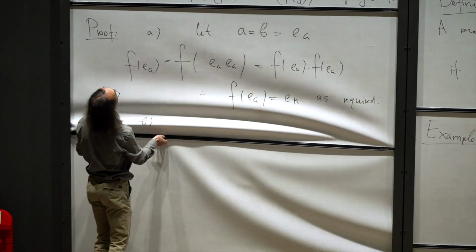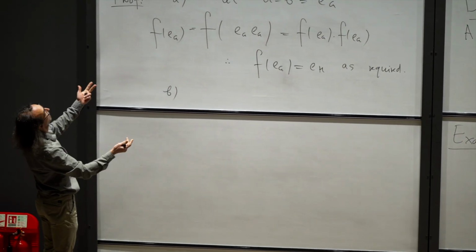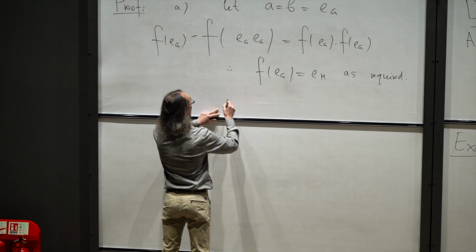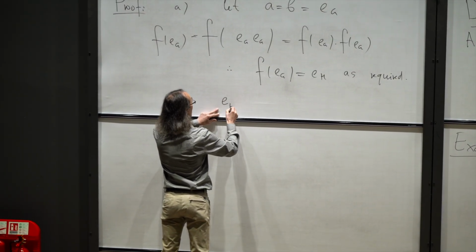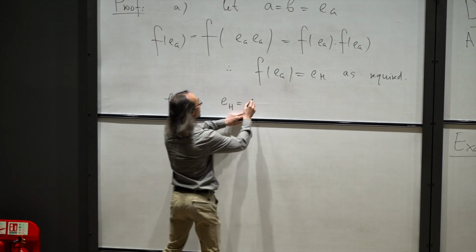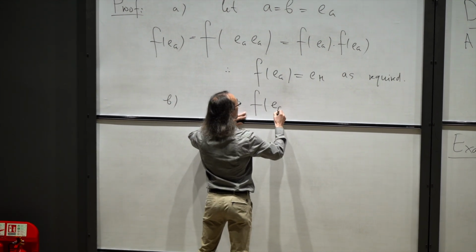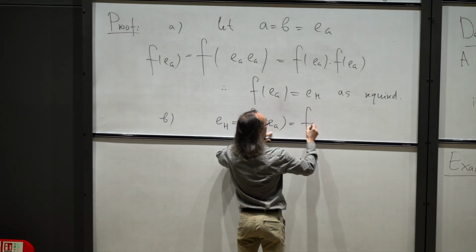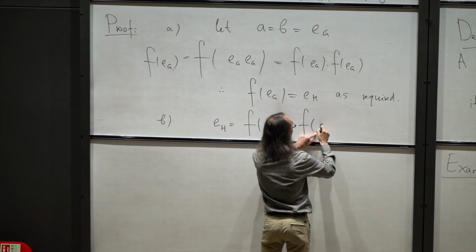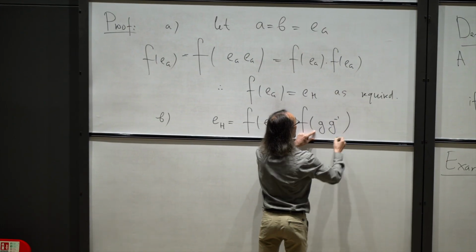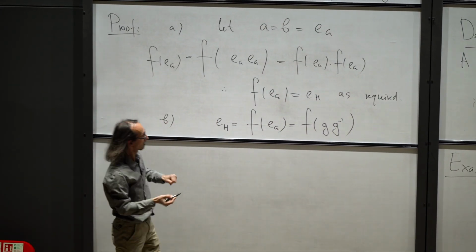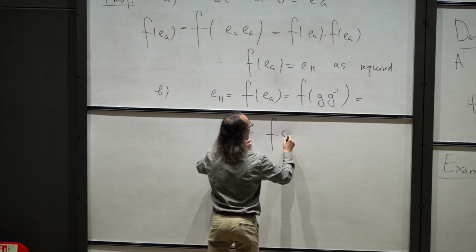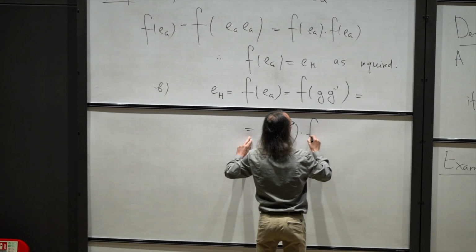Now b. What can we do with b? We're going to apply what we know from a. I know that the identity in H is f of the identity of G by a. The identity of G is g times g inverse for any g in G. But by the rule for homomorphism, this is f of g times f of g inverse.